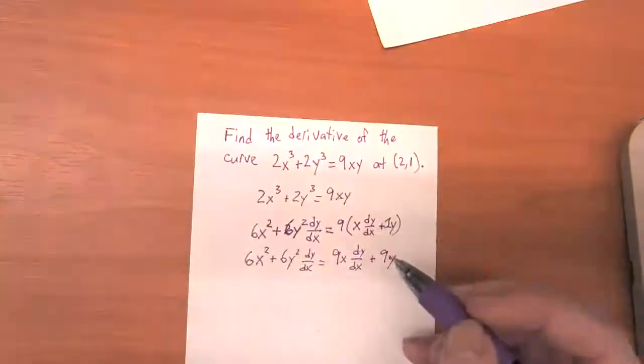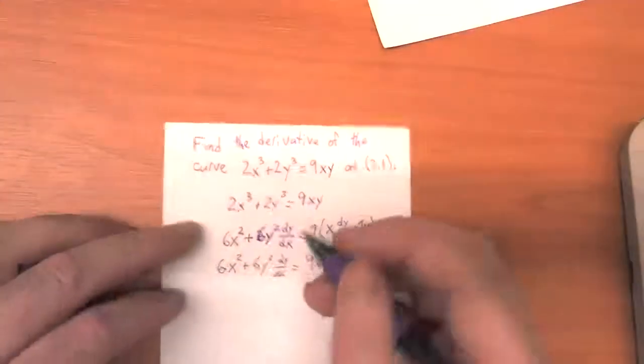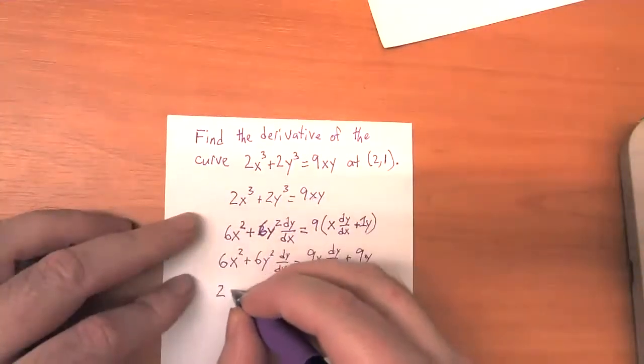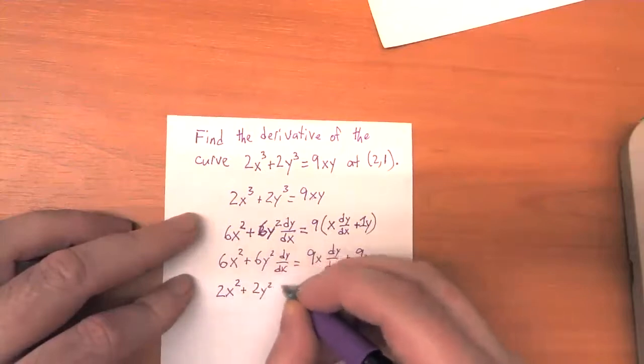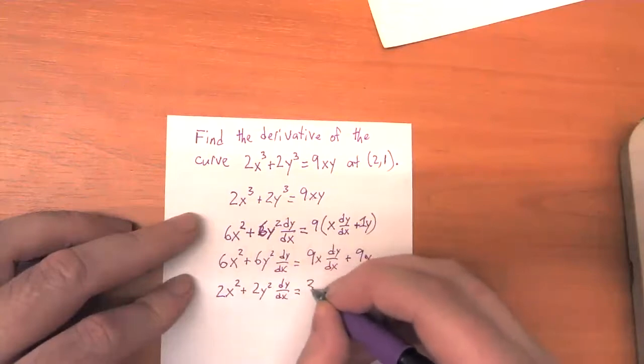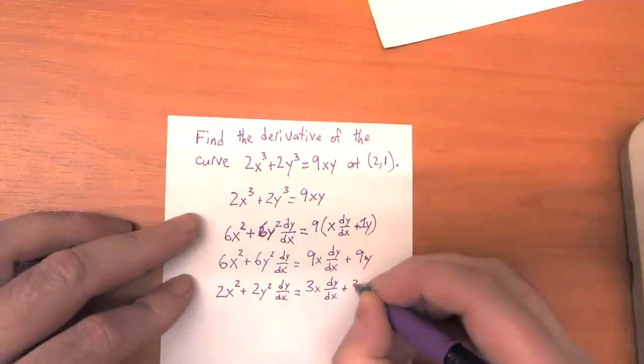And maybe the first thing that we can do is we can just divide everything by 3 because all of these terms are multiples of 3. So that's going to be 2x squared plus 2y squared dy dx is equal to 3x dy dx plus 3y.